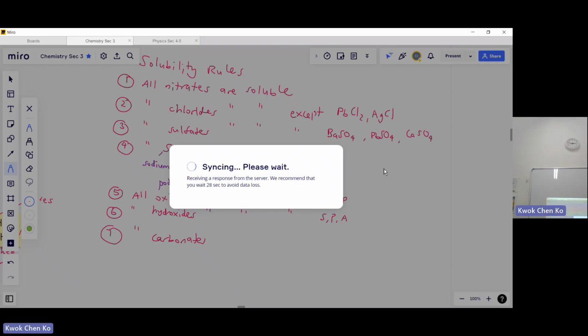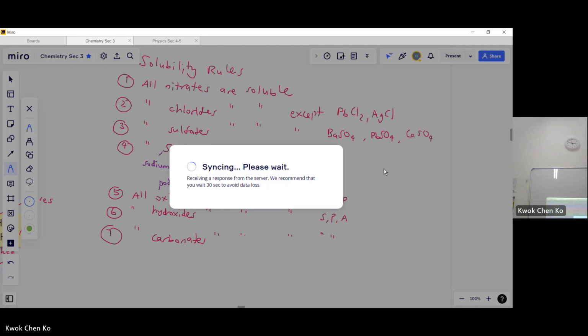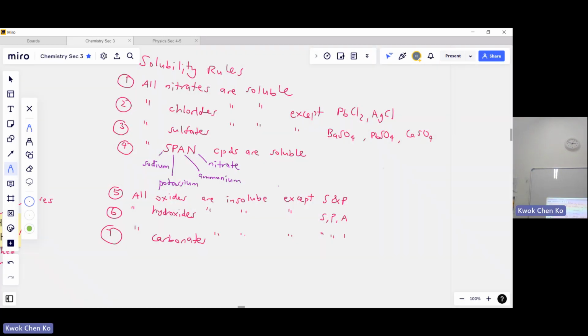All right, so basically carbonates are insoluble, except for S, P, and A. Okay, that's all.